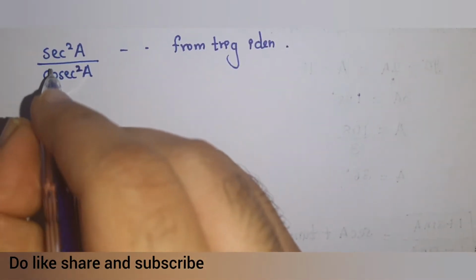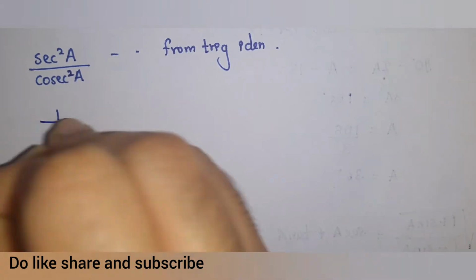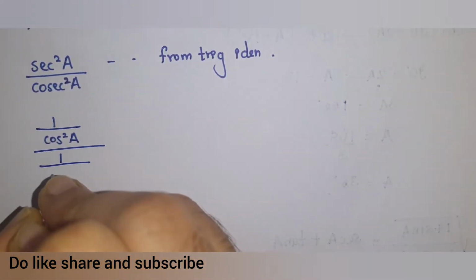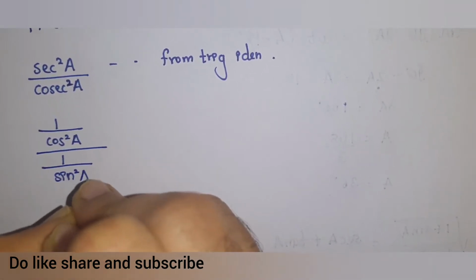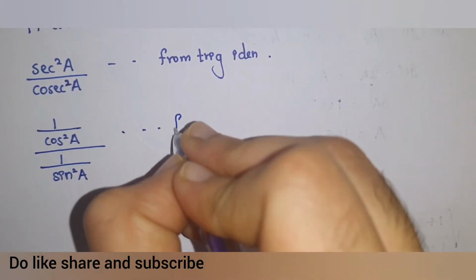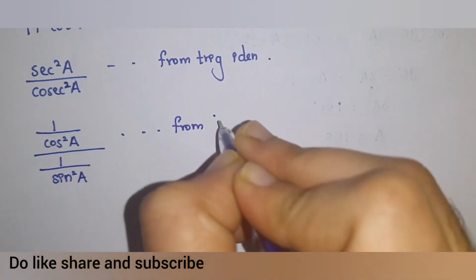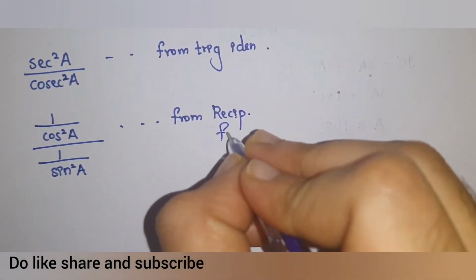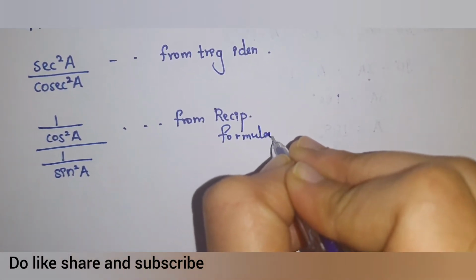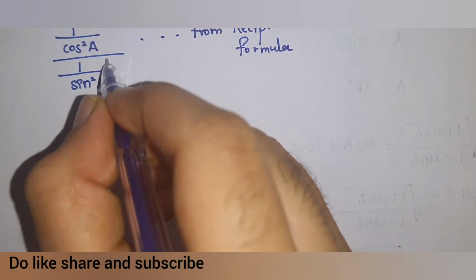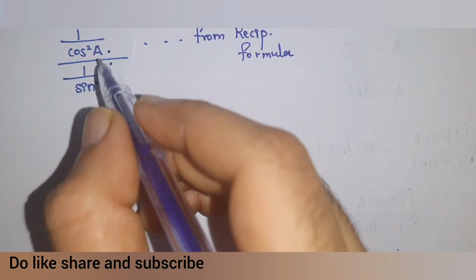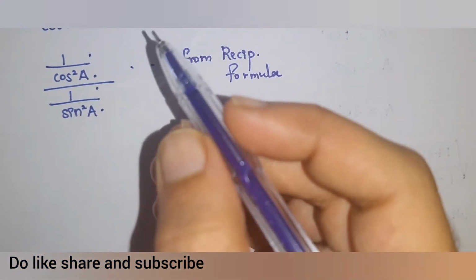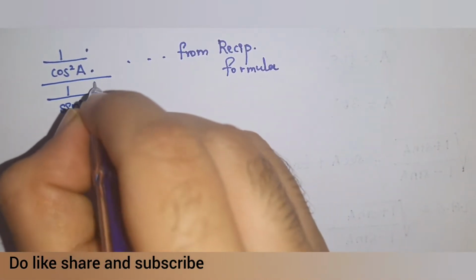Now this can be written as (1 / cos²A) divided by (1 / sin²A). This is from the reciprocal formula of trigonometry. So this one will get multiplied by the denominator term, and this sin²A will get multiplied by the numerator term, as this is the basic rule.